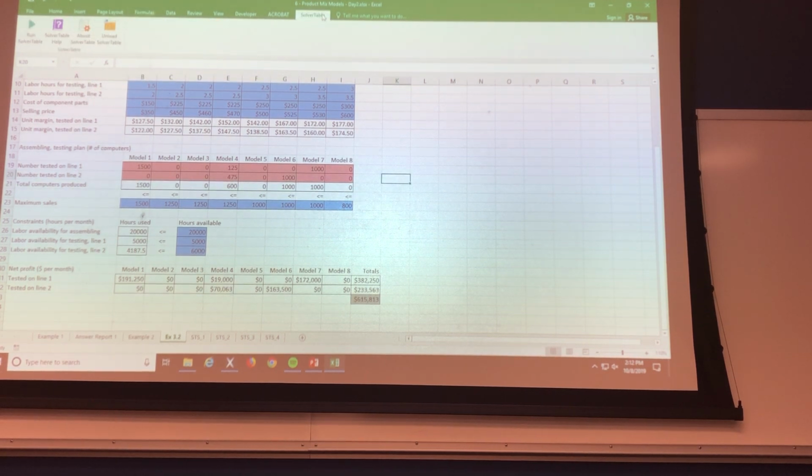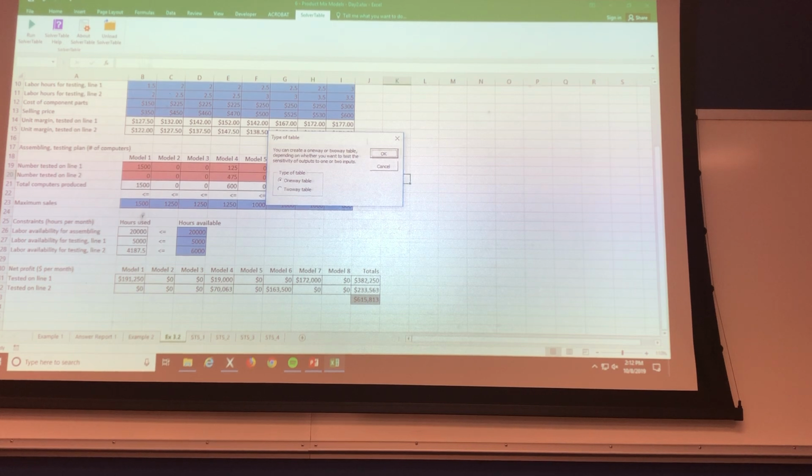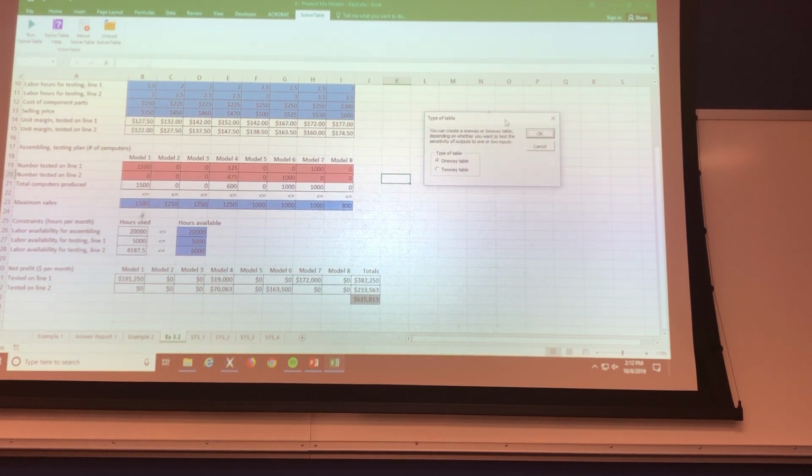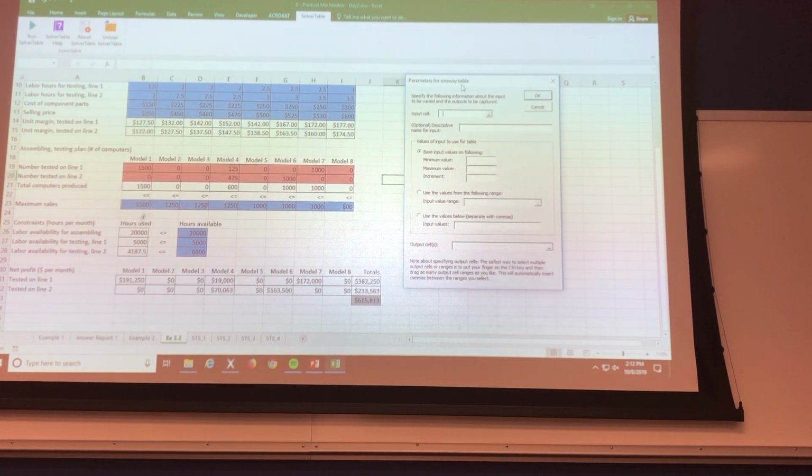So when I go into solver table to run the one that's on the PowerPoint, I say yes. It's just having me vary the assembly hours, so it's just a one-way. Real straightforward, all the parameters are on there. My input cell is D26, the assembly hours available.